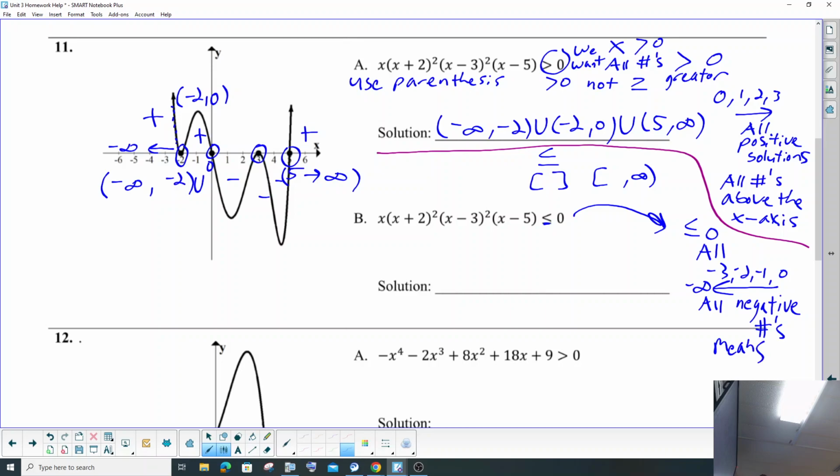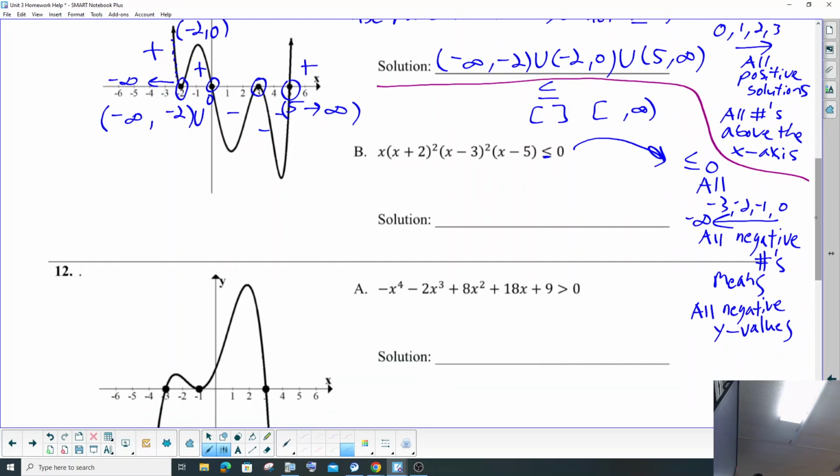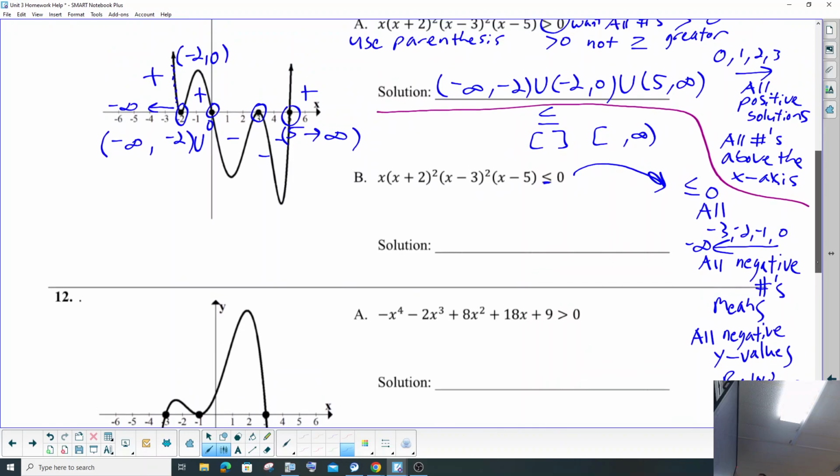What do you think all negative numbers means? It means all numbers below the x-axis, or all negative y values. So where are my x values that have negative y values? Whenever my graph is below the x-axis is what that one means. That's different, not above. It means below the x-axis.